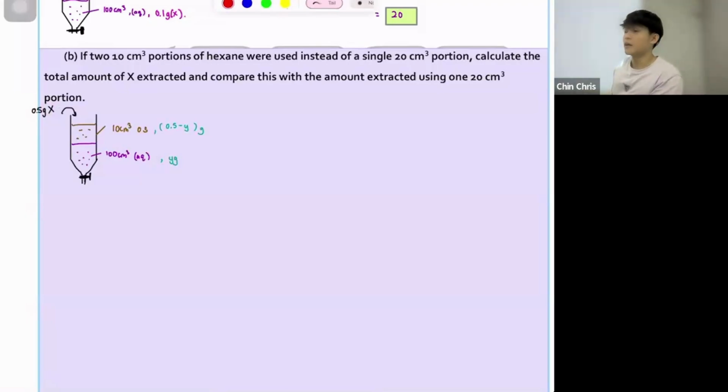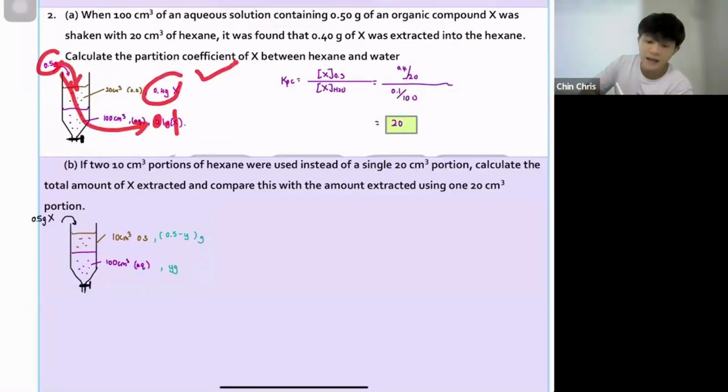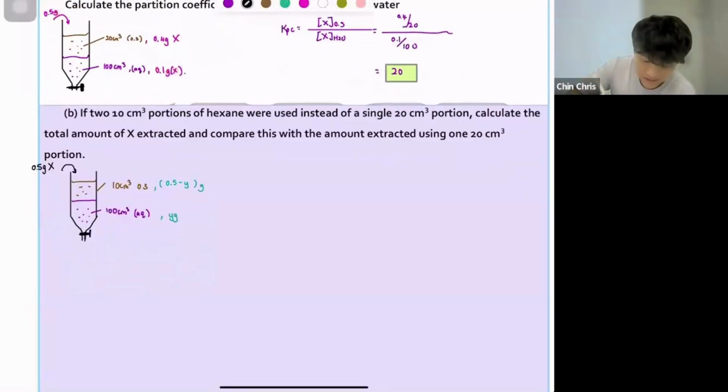Clear? Y, it's the same thing, right? 0.5 added, 0.1 here, 0.5 minus 0.1, 0.4. Clear? My KPC is still 20, yeah? KPC is not changed.